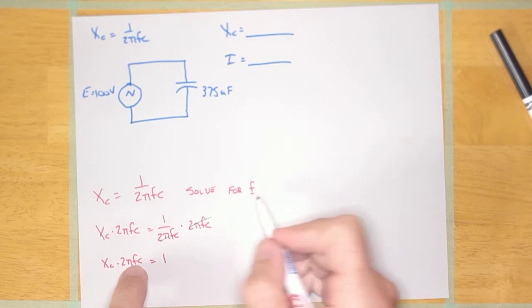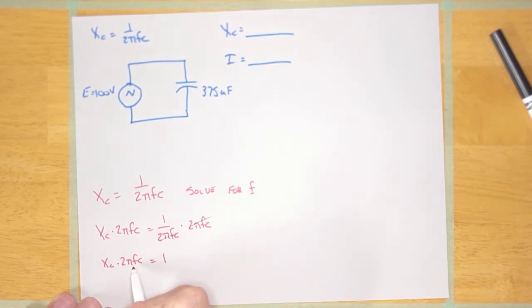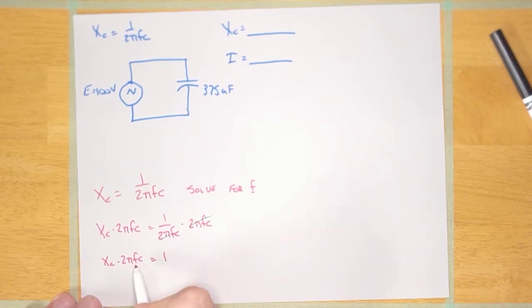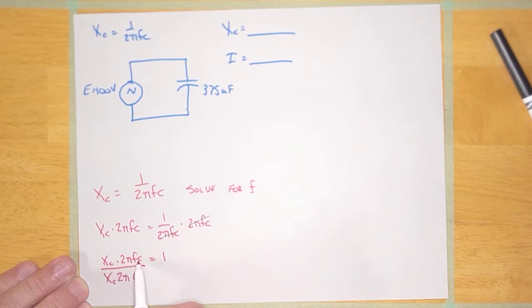Now, it's not transposed. I still don't have f all by itself, but I can now transpose this, and in another step, I want the f all by itself, so I'm going to divide all this by all the other stuff that I don't want, okay? So I don't want the Xc, the 2, the pi, and the C, so I'm going to divide by that, and if I do that on one side, I must do it on the other side.